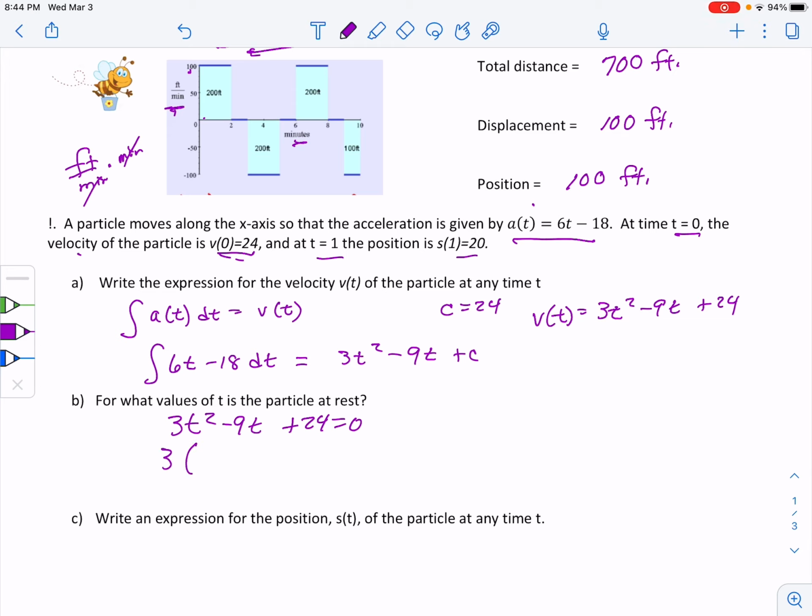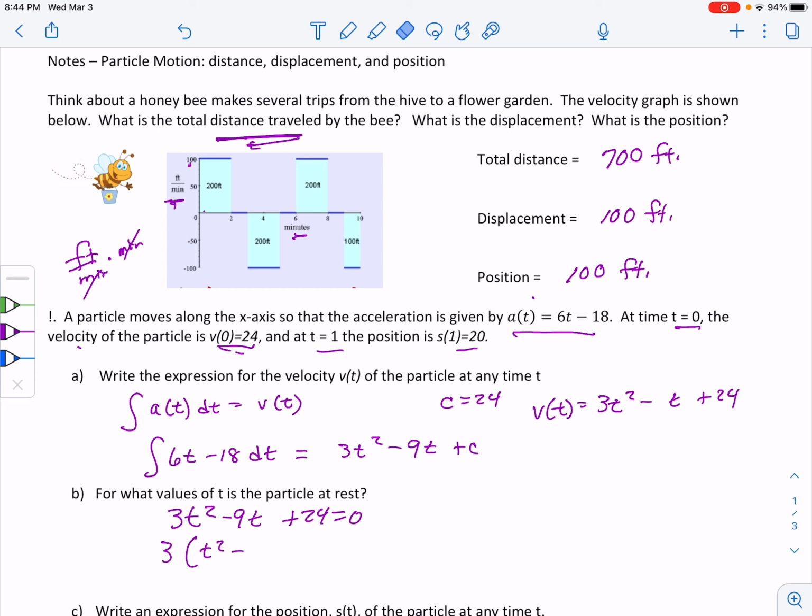Factor out that 3. Sorry, this should be 18. Typo. Hate it when I make mistakes.